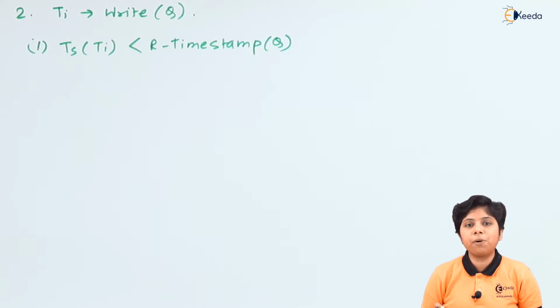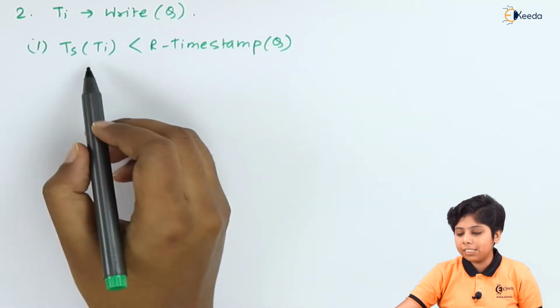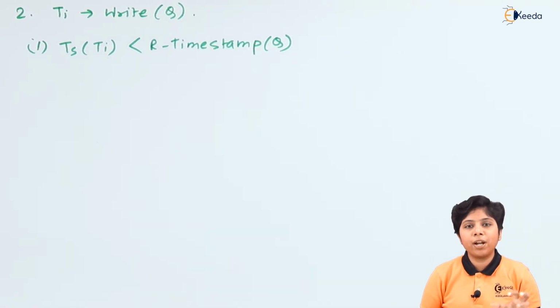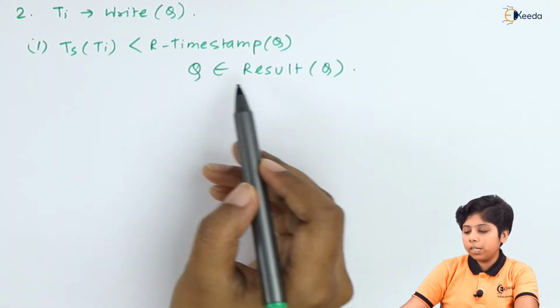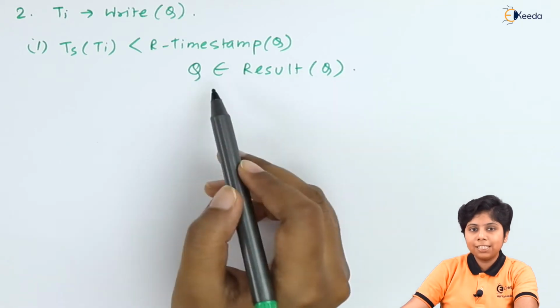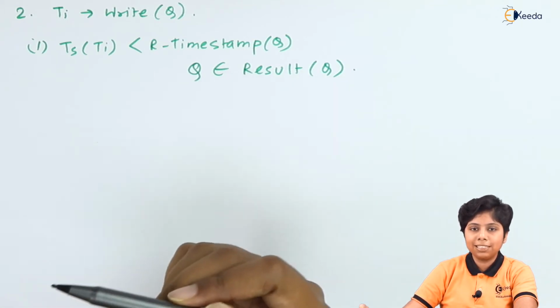That means the read operation has already been performed, and now we have this TS(Ti), the greater value than the R timestamp, happening after the read. That means we are writing a value that we will never use. So on this assumption, it just rejects this TS(Ti) on the write Q and rolls back the value. So my Q is already written as the result. That is why we will reject the Ti.